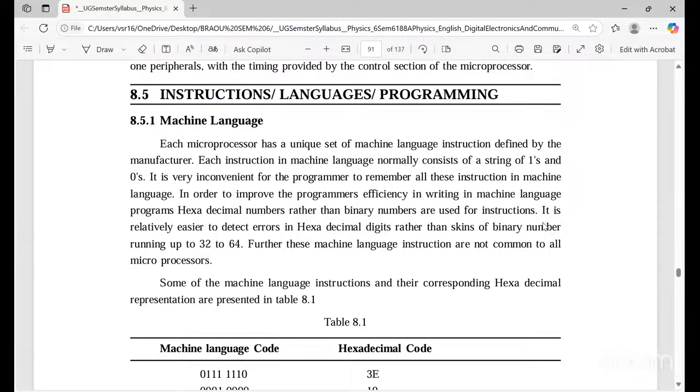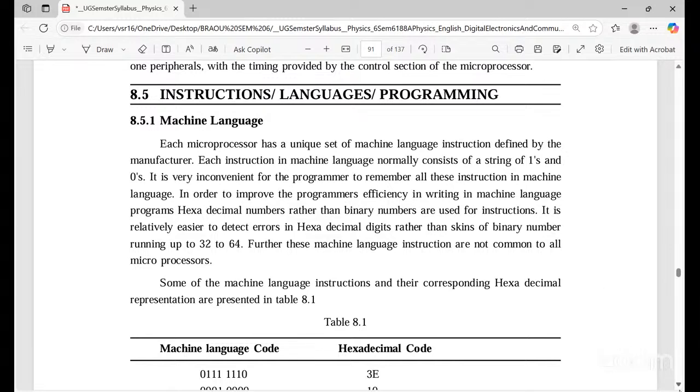It is relatively easier to detect errors in hexadecimal digits rather than strings of binary numbers running up to 32 to 64 bits. These machine language instructions are not common to all microprocessors. Each and every microprocessor has its unique instructions, a unique language.